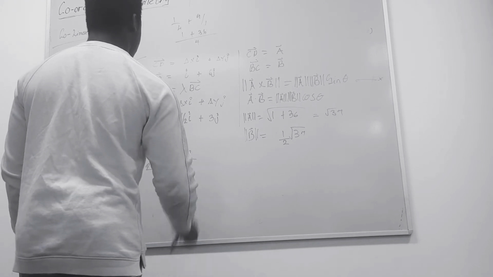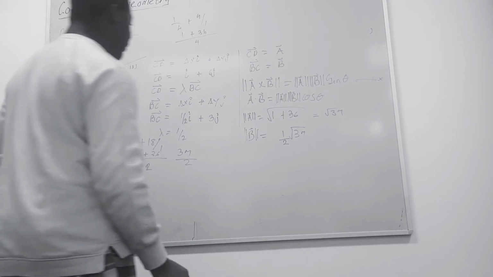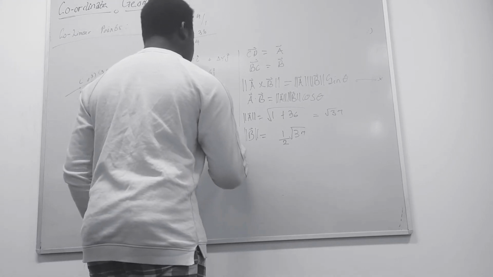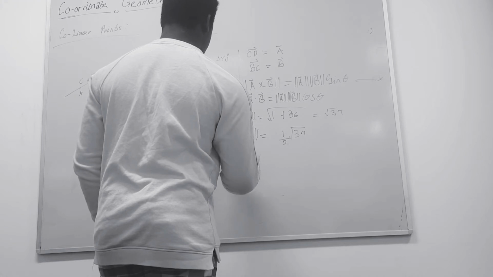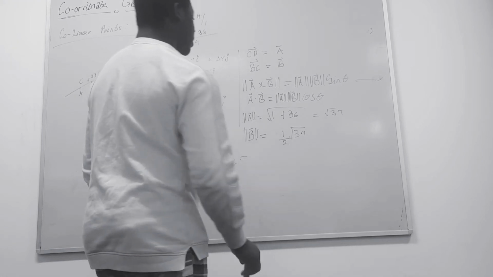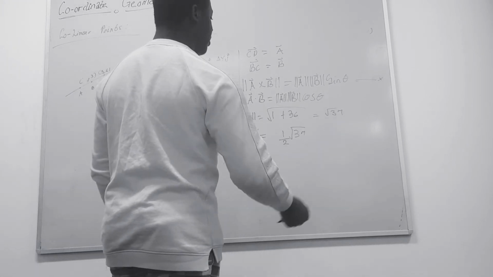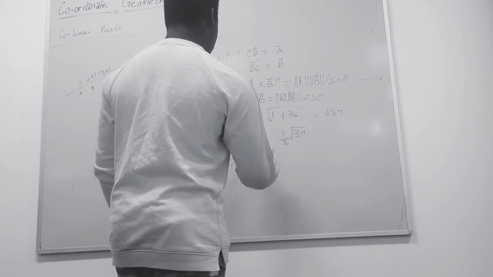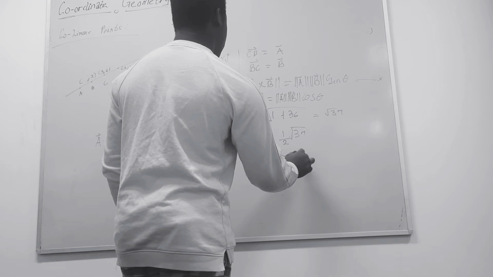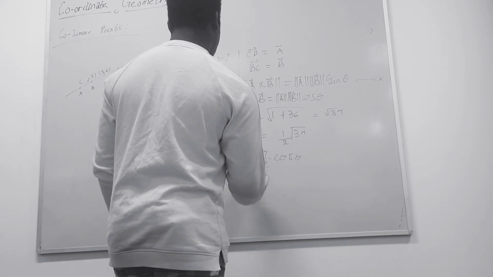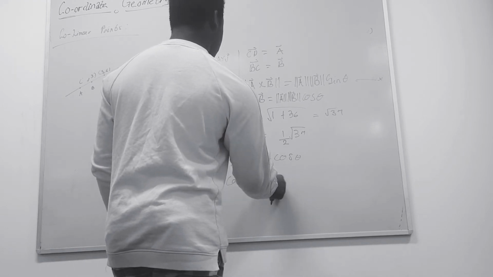That's the dot product. So I have 37 divided by 2 is equal to, multiplying these two magnitudes, 37 divided by 2 times cosine theta. Cos theta is equal to 1.